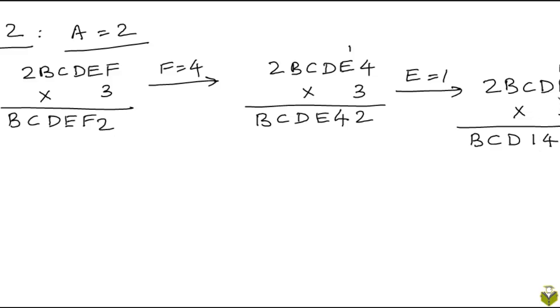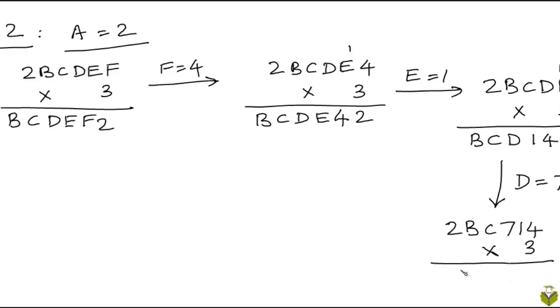That means D must be 7, because 3 times 7 is 21. So if we substitute D by 7, we get 2BC714 multiplied by 3, producing a result BCD, which is 7142.